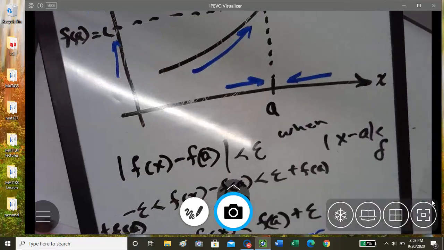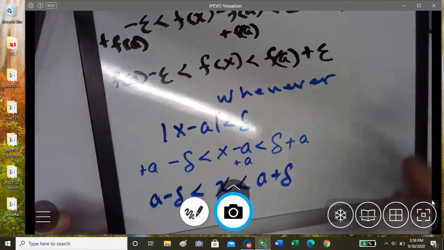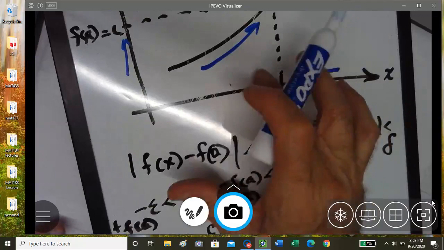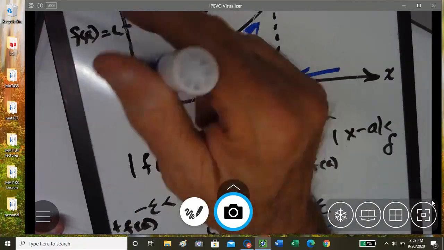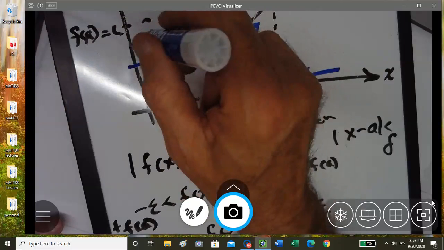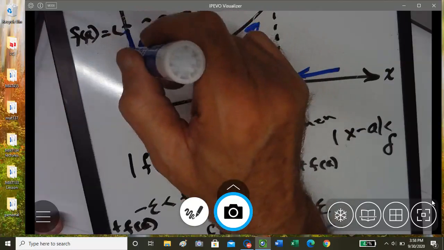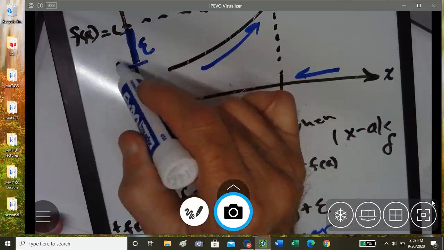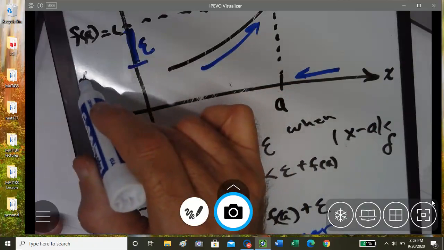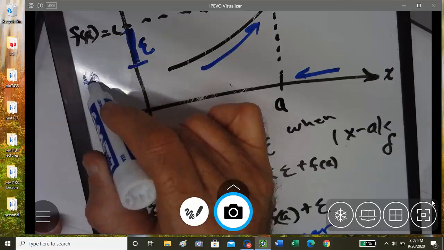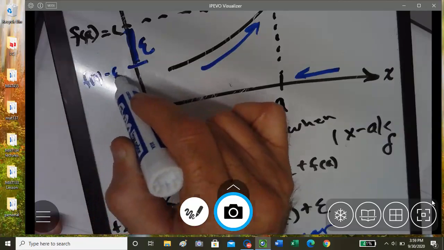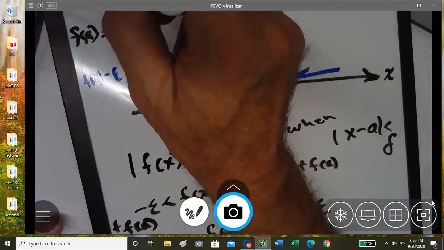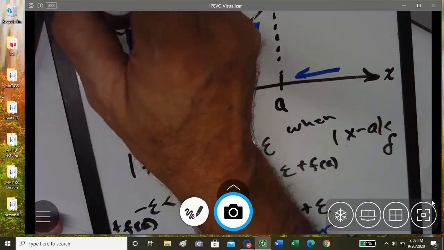So if we can set a range, epsilon would be from our limit to some number. This would be f(A) minus epsilon, and this would be f(A) plus epsilon.